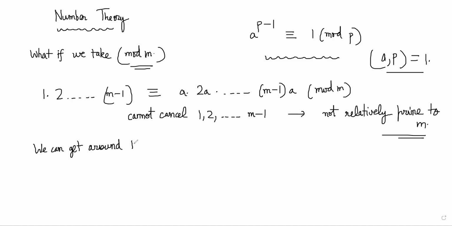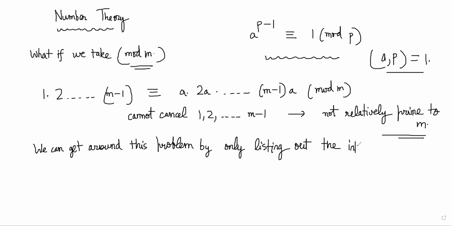We can get around this problem of not being able to cancel the factors by only listing out the integers less than m which are relatively prime to m.